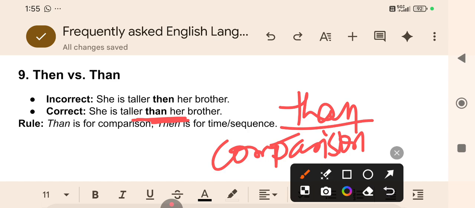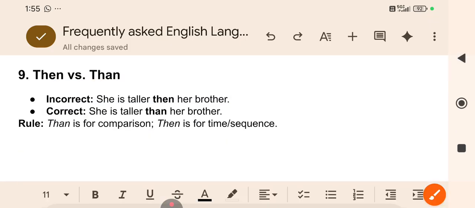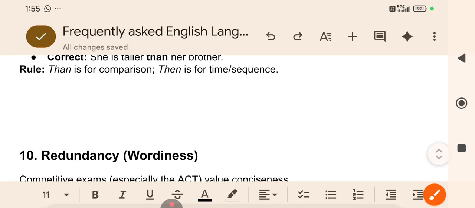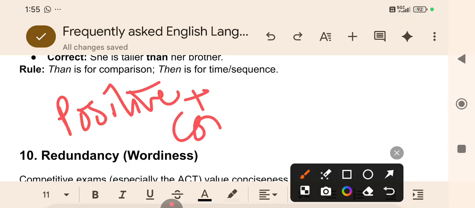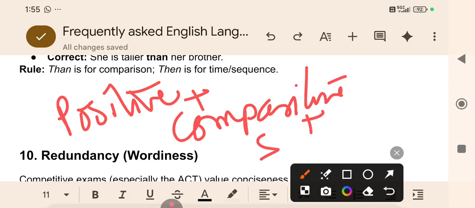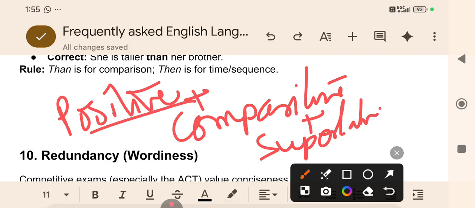That is the adjective. There are three forms of adjectives: positive, comparative, and superlative. Positive, good. Comparative, better. So comparative takes than, and superlative takes the.